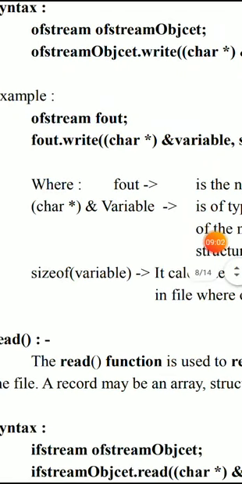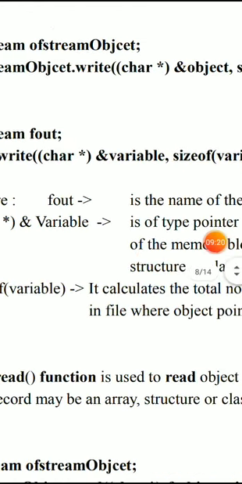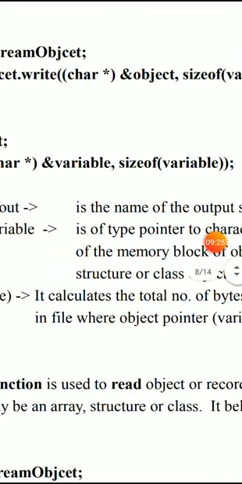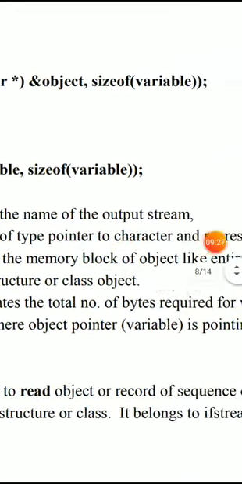Then sizeof is a keyword, and variable is nothing but the object. The sizeof keyword is used to determine how much memory space is required by the object for its storage. So the sizeof variable part will calculate the total number of bytes required for writing data in a file where the object pointer is pointing.